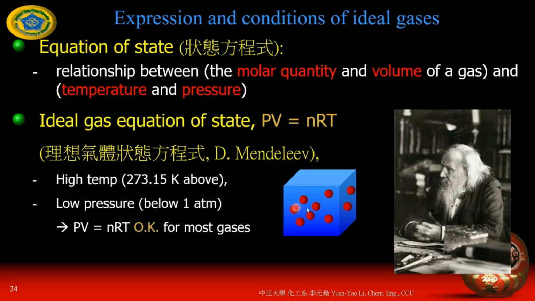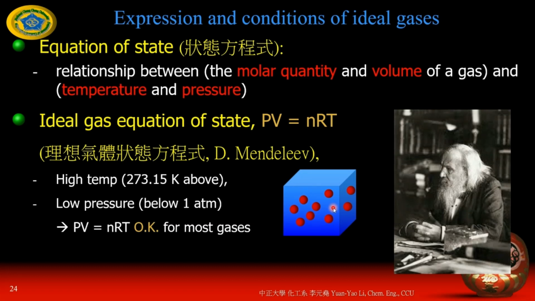Why? Because low pressure means what? If you think of the concentration or the density, low pressure means in this cube there are fewer atoms or molecules. If you have high pressure, this cube will have more atoms.